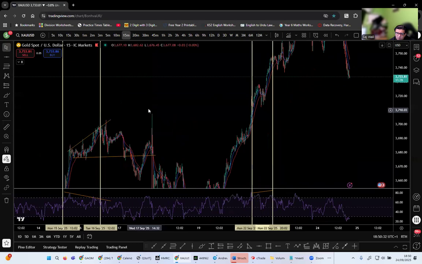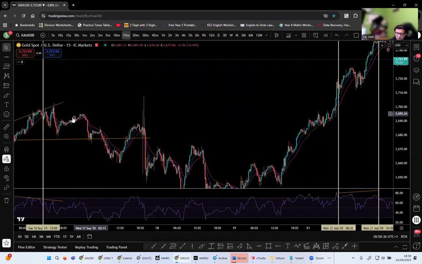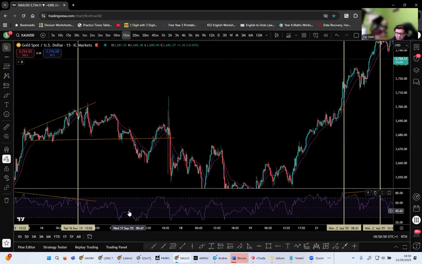The smaller time frame is showing as well that the market can come down here. Look, it's already come down from here, if you use the method I told you: moving average crossover and the RSI below 50 on the smaller time frame.